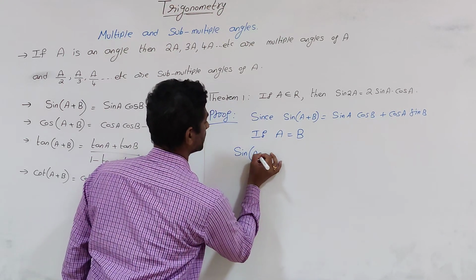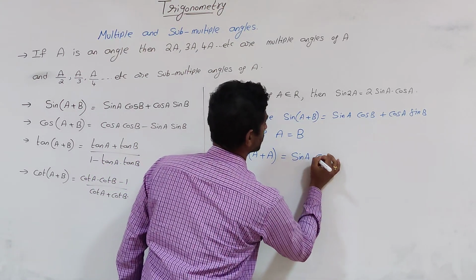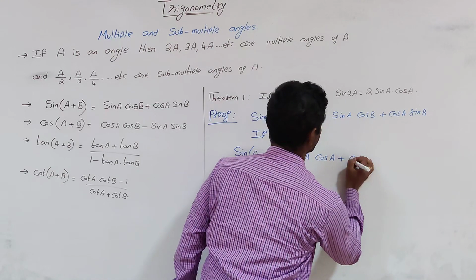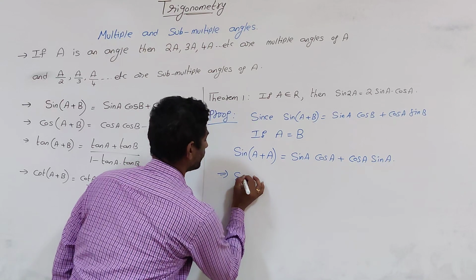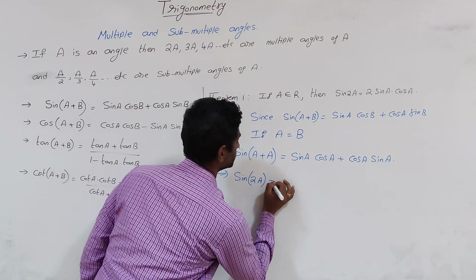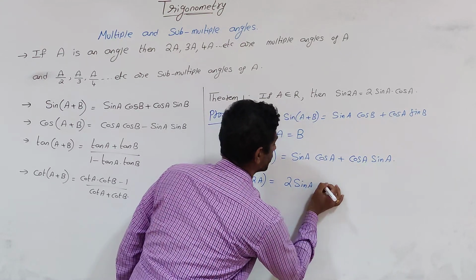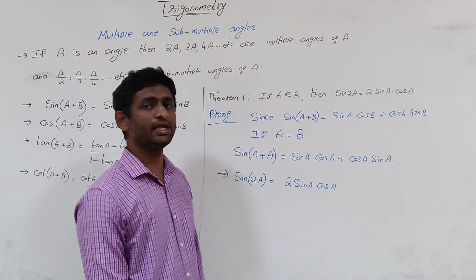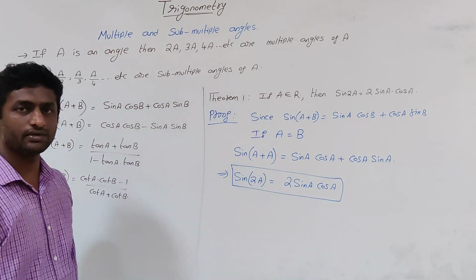Sin of A plus A, in the place of B it is also A, is equal to sin A cos A, because B is equal to A, plus cos A into sin A. Sin of A plus A is 2A, so sin of 2A is equal to sin A cos A plus sin A cos A. It will be 2 sin A cos A, because these two are like terms, we can add up. So sin 2A is equal to 2 sin A cos A.